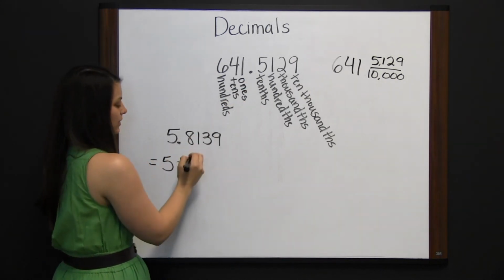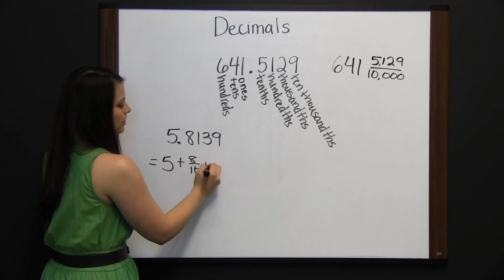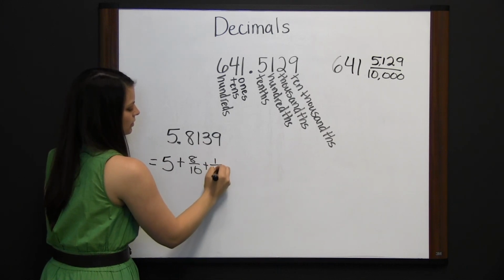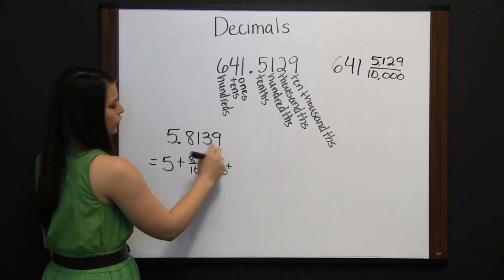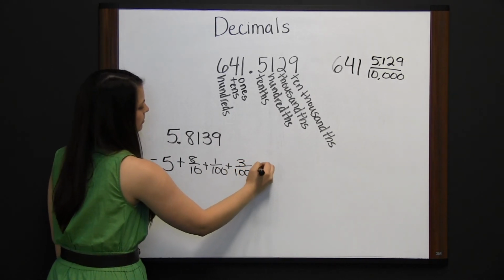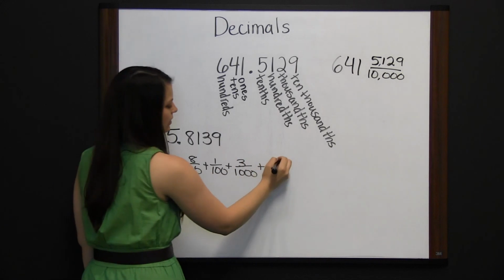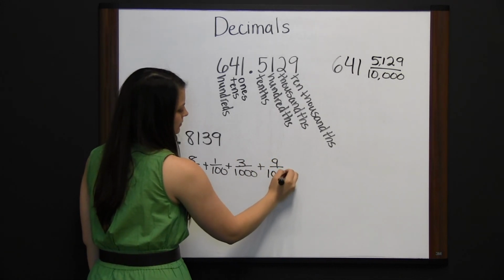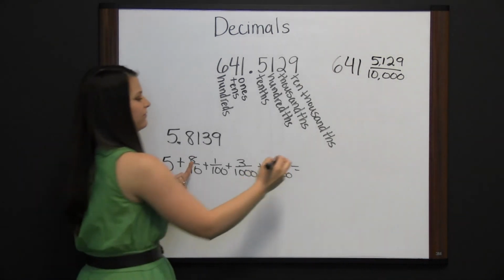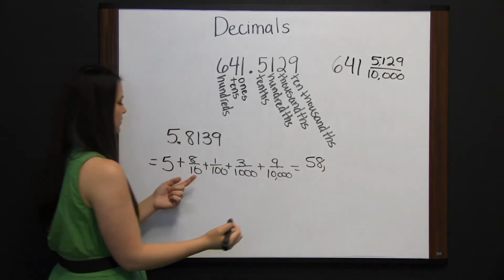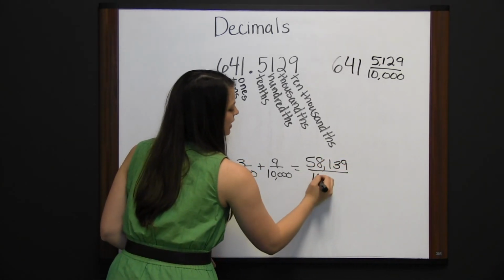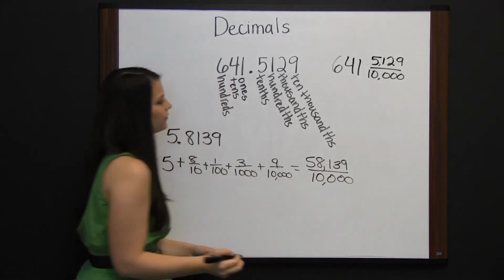since it's in the tenths place, plus 1/100ths plus 3/1,000ths plus 9/10,000ths, which would give us 58,139 10,000ths.